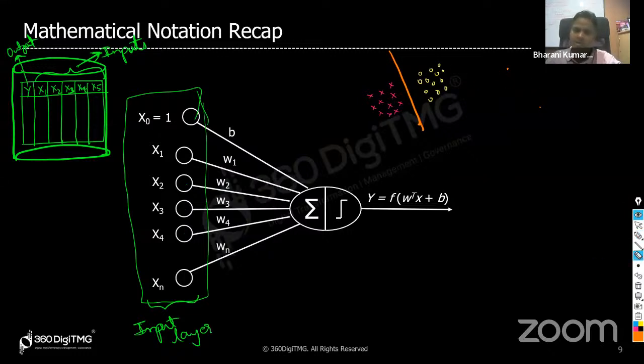You can segregate it. However, if you have a data set like this, and say we have circles.